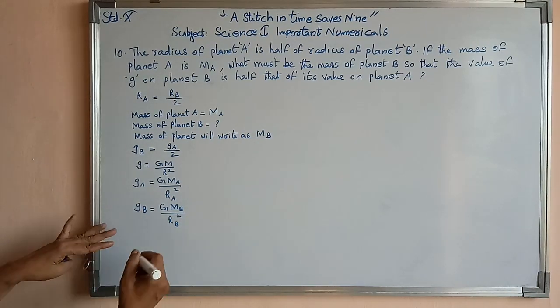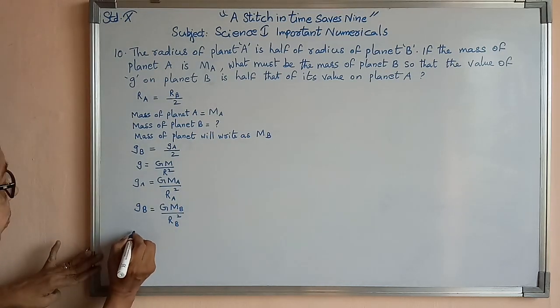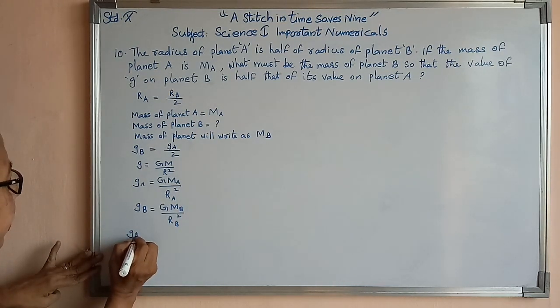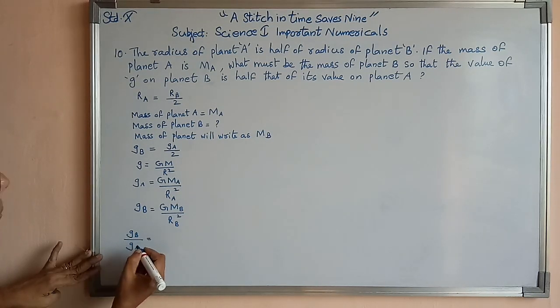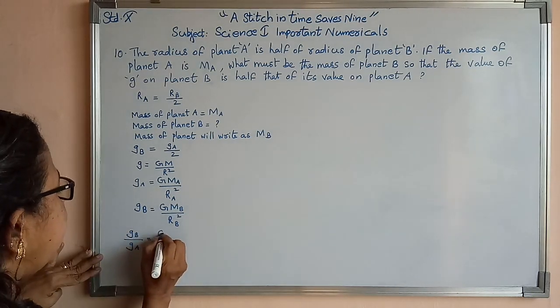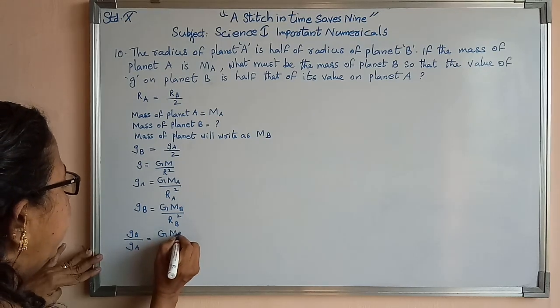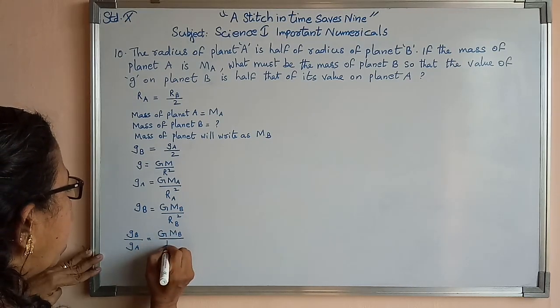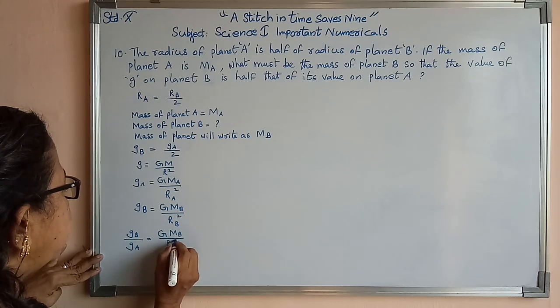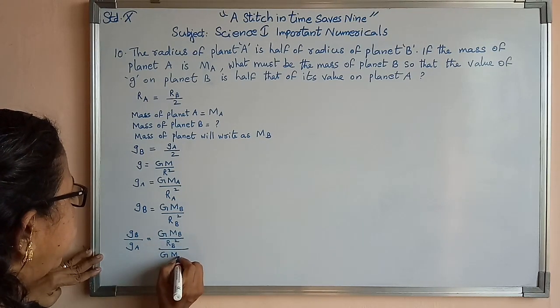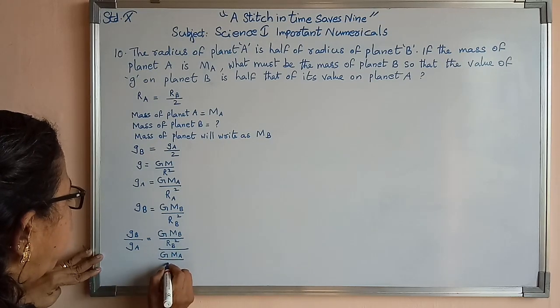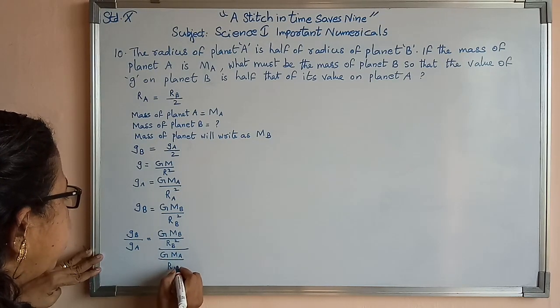Now we will find the ratio of both the values, that is Gb upon Ga, that is equal to the Gb value, G Mb upon RB square, upon G Ma upon RA square.